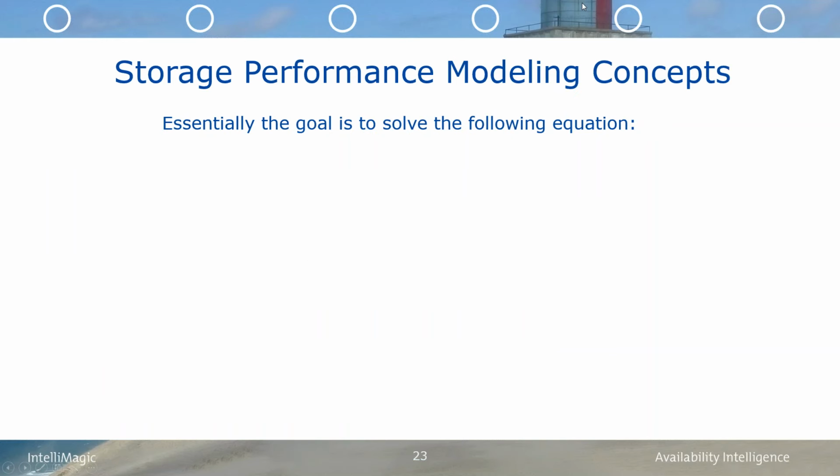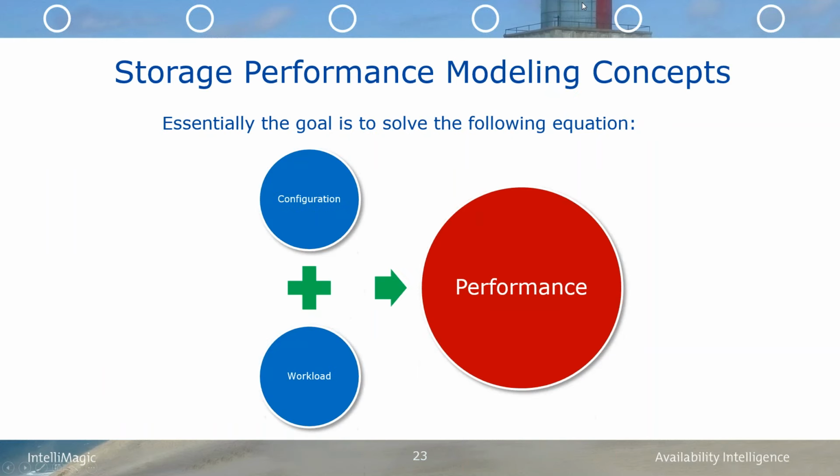So essentially, modeling consists of the following equation. A configuration and workload is going to yield some kind of performance.